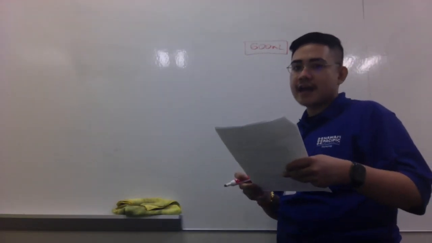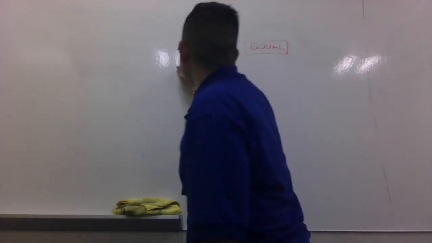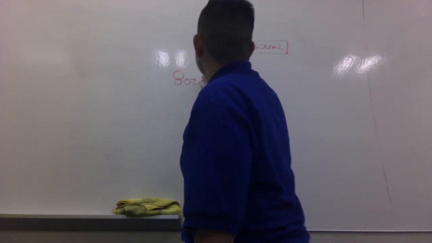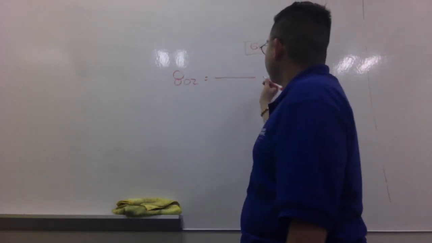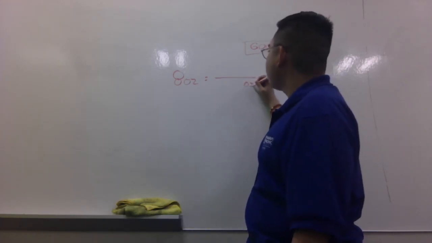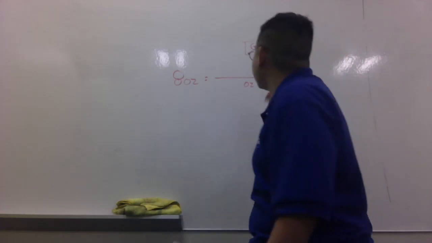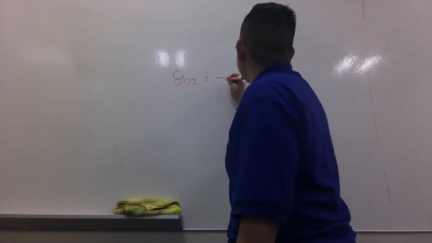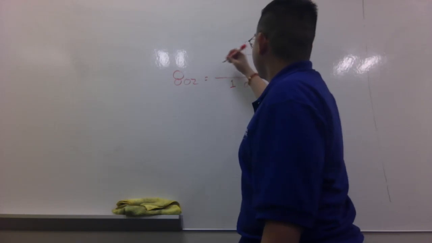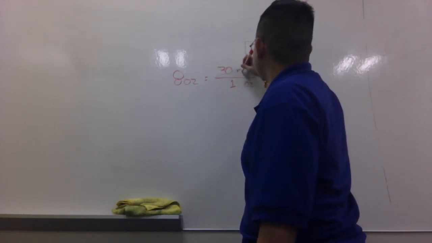Now you have 8 ounces of juice. Same manner. So 8 ounces. As I mentioned earlier, we put the units on the bottom in order to cancel out, and we have the ml because it's asking for ml. So we have 1 ounce here and 30 mLs here.